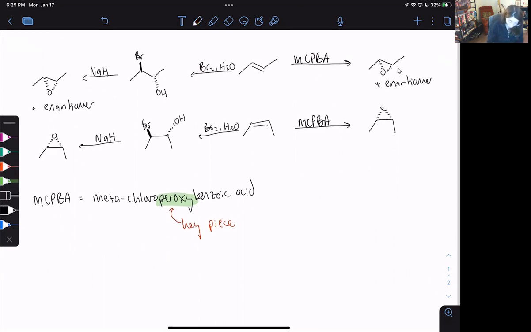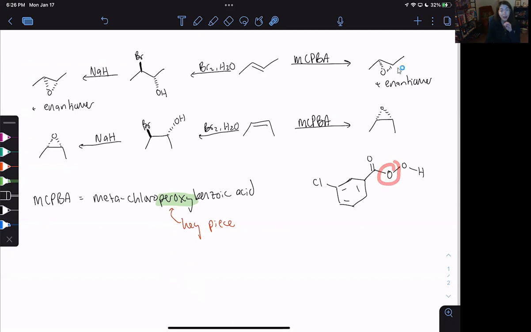So if you draw it out, this is what it looks like. So you've got a benzene ring, you've got a meta chlorine, which is meta to the peroxy benzoic acid part. And that is what a peroxy acid looks like. So a carboxylic acid, remember, is just the one OH.